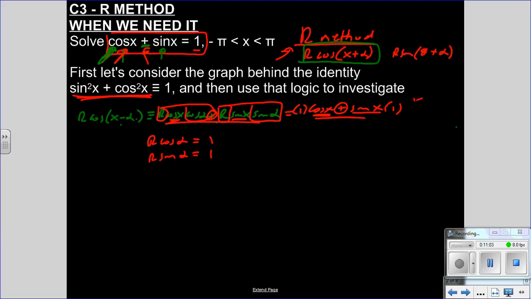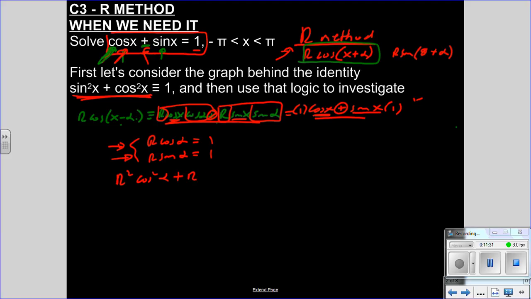If I want to find out what R is then, because remember my objective is to find out what R and alpha are, I could use quite quickly some common rules, or the common identity, cos squared plus sine squared is 1, because this thing squared is R squared cos squared alpha, isn't it?